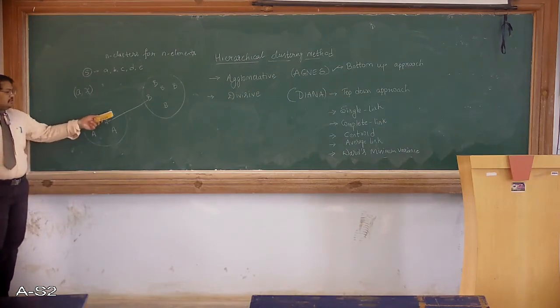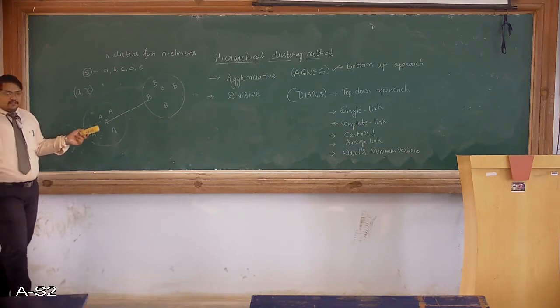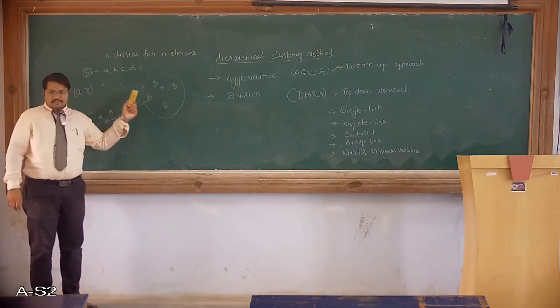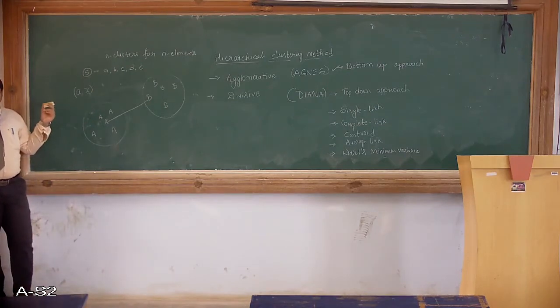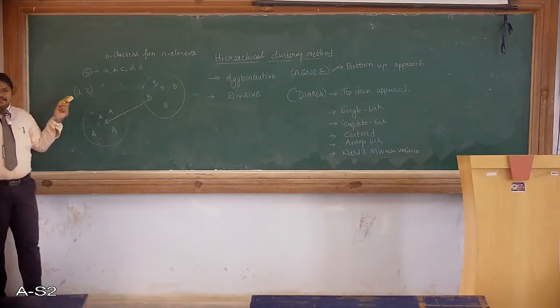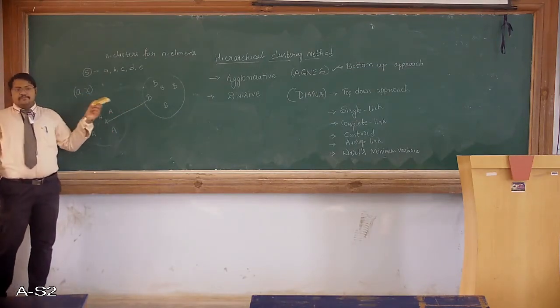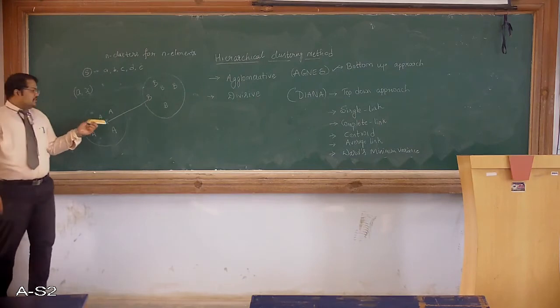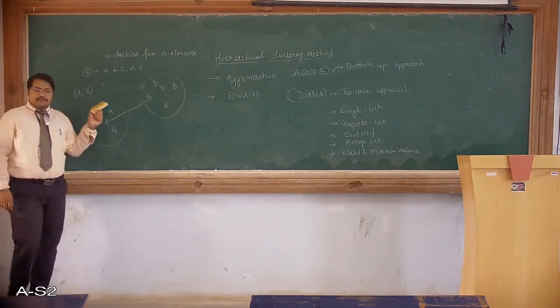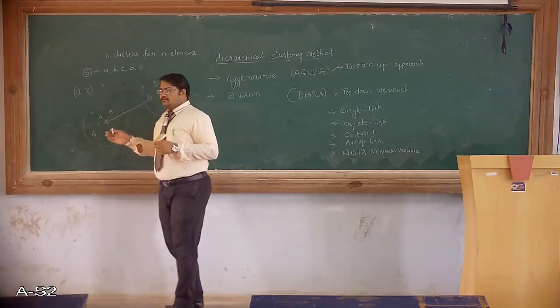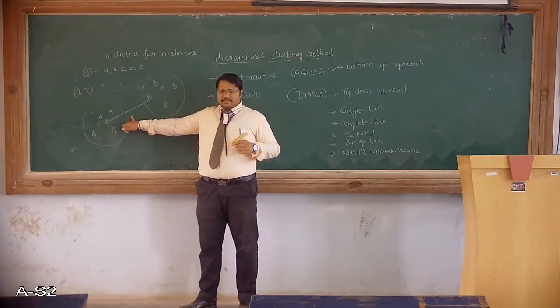So out of all the elements in cluster A and out of all the elements in cluster B, this single link algorithm computes the pair distance between all the pairs A comma X, where A is the element in the first cluster and X is the element in the second cluster, and at last it will consider the smallest pair or minimum distance pair from those two clusters, and that will be linked up.